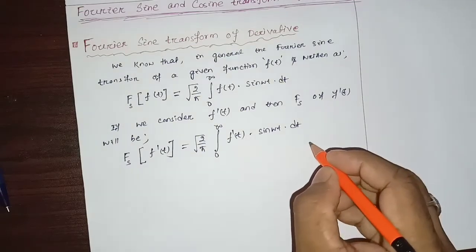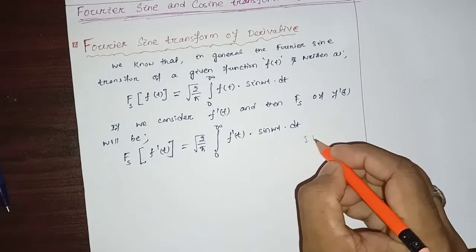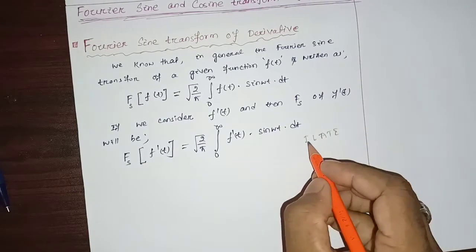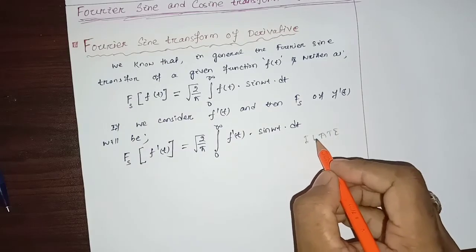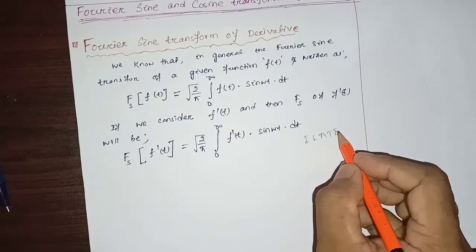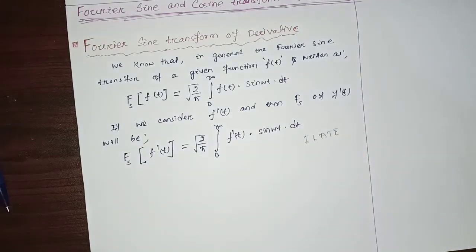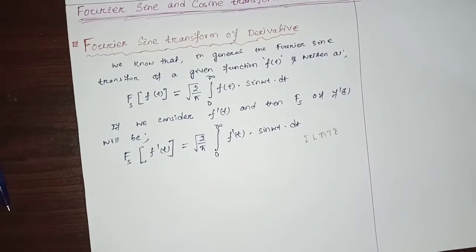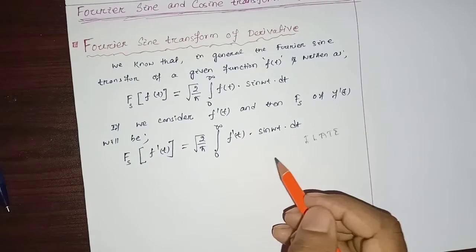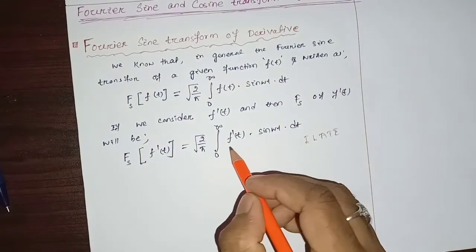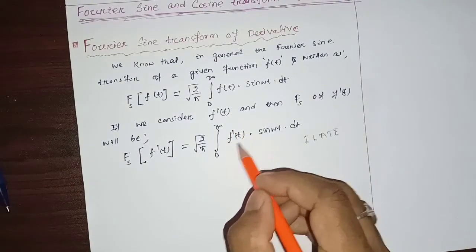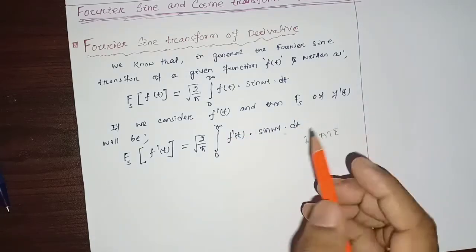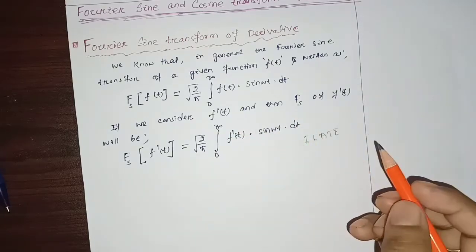For by parts we know that we have to apply ILATE: inverse, logarithmic, algebraic, trigonometric and exponential, to choose the first function. Here one unknown function is there, f(t), which we do not know, but this is a trigonometric function.